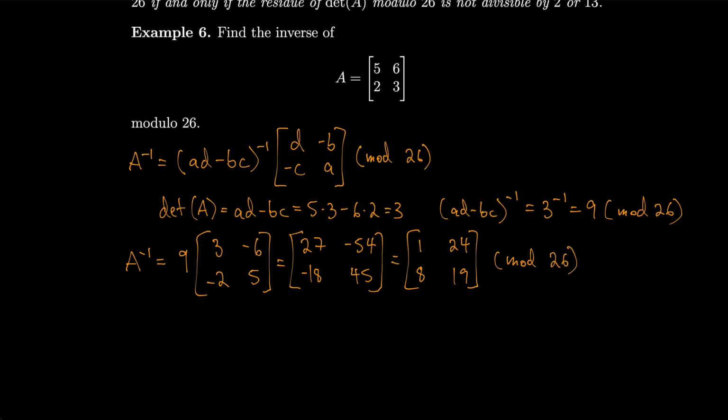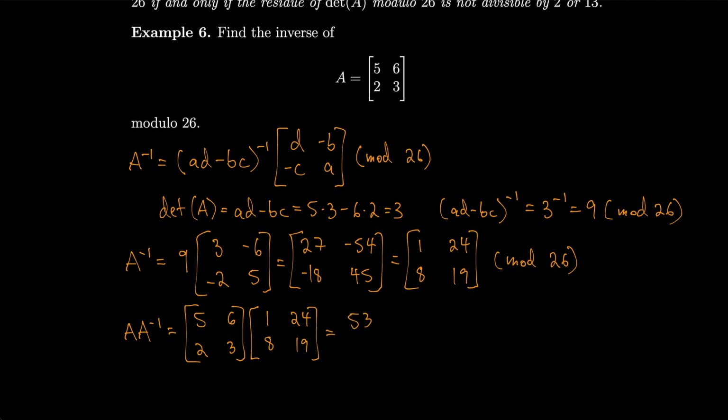As a check, we could look at A times A inverse, and notice that it'll be [5, 6; 2, 3] times [1, 24; 8, 19].